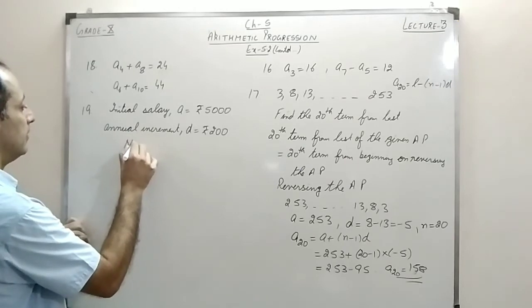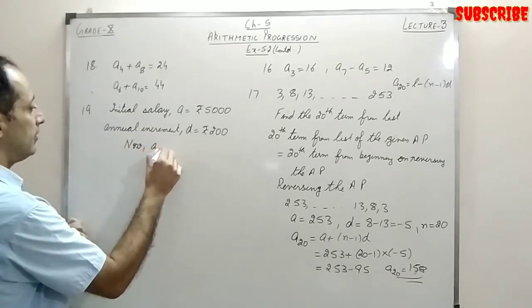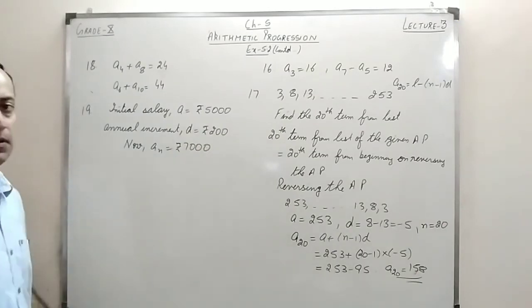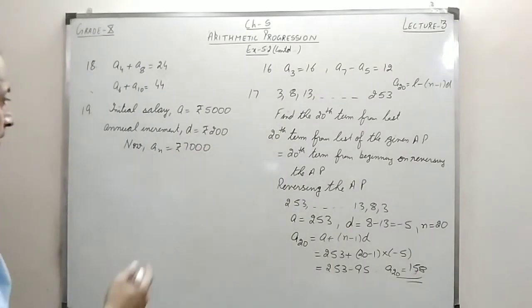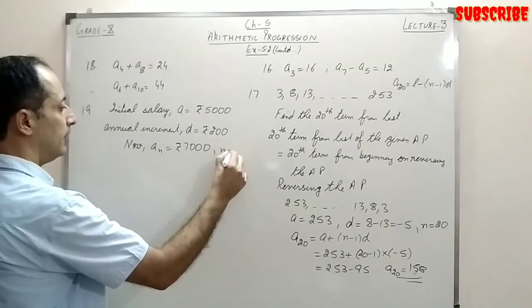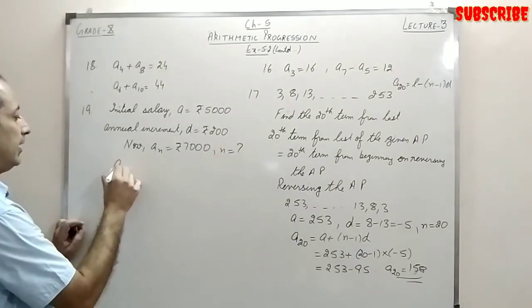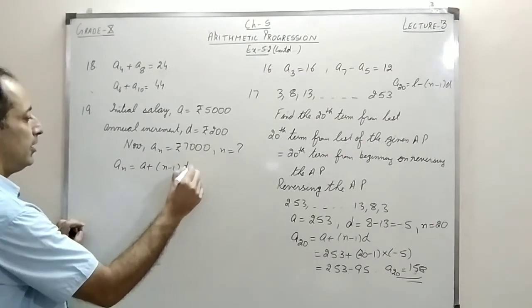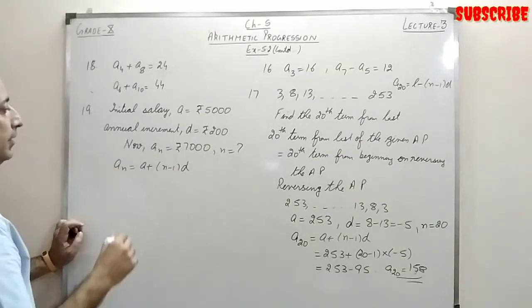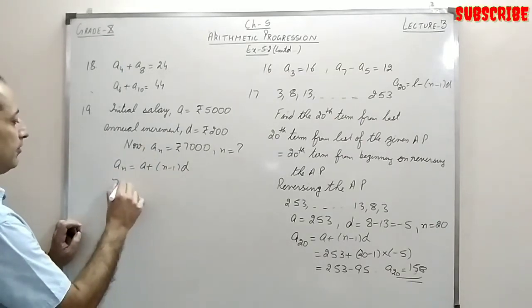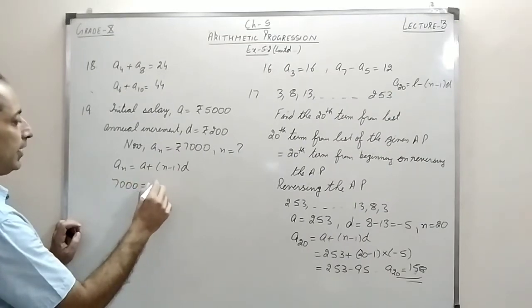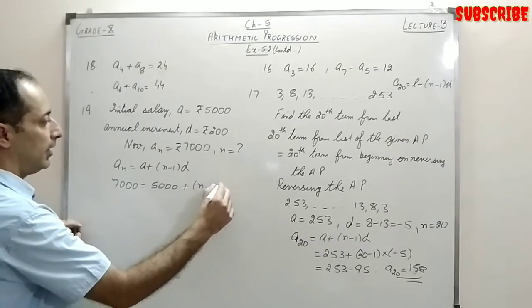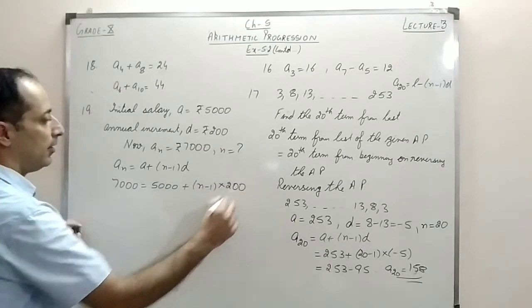AN is rupees 7,000, right? So I will find n now. It is simple. An equals a plus n minus 1 into d. So 7,000 equals 5,000 plus n minus 1 into 200.